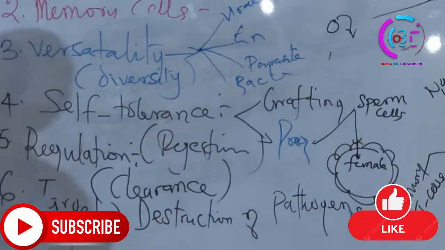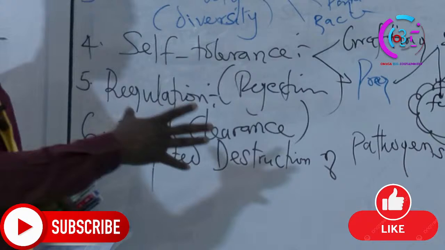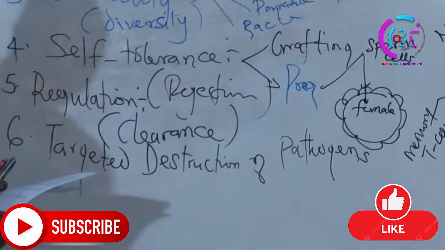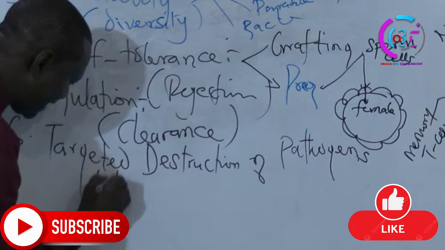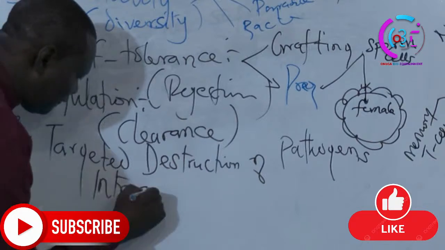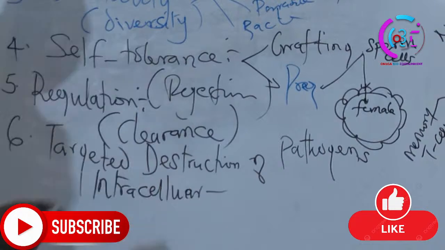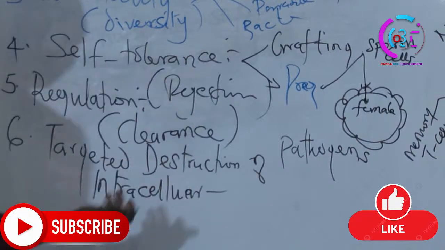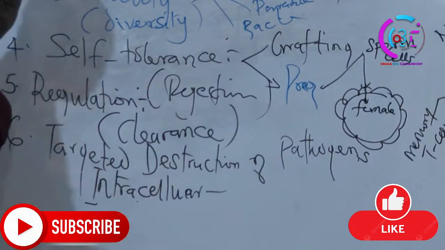So the adaptive immune system has different strategies for different pathogens. For example, anywhere you have intracellular infection, the host adaptive immune system will not go and recruit cells that cannot go down inside.